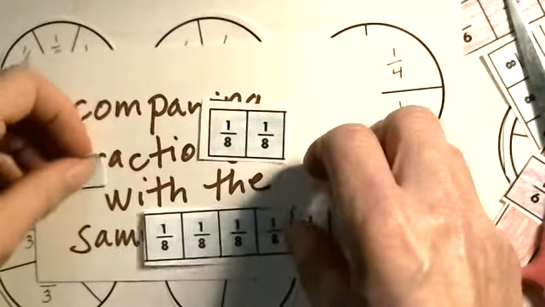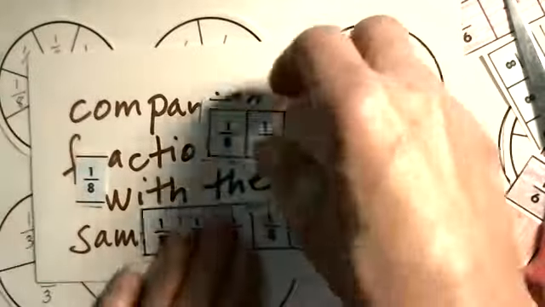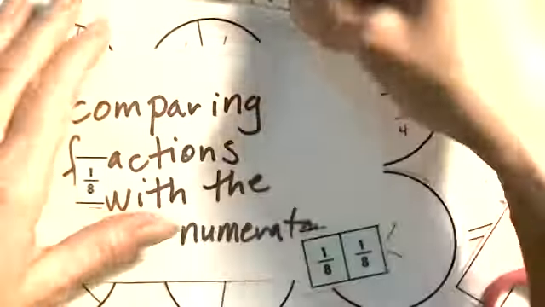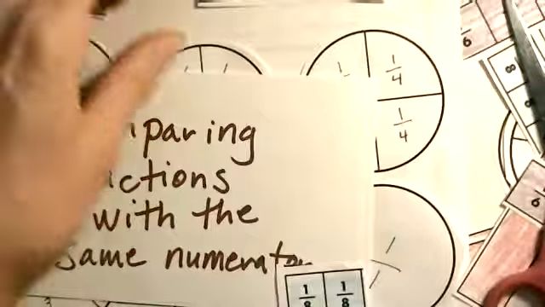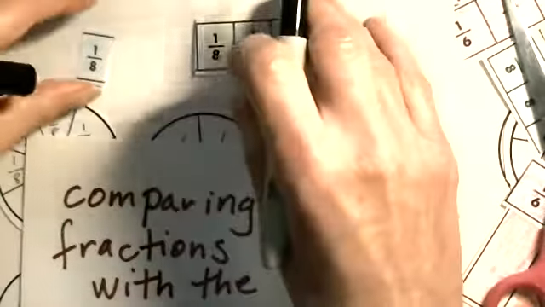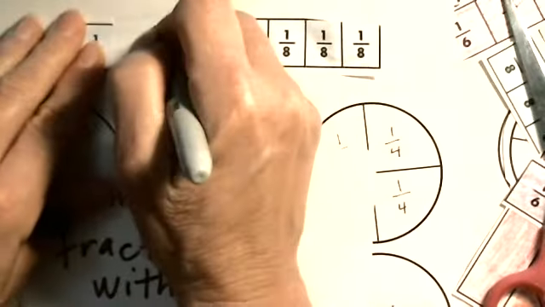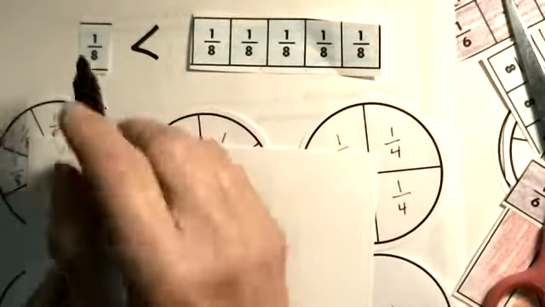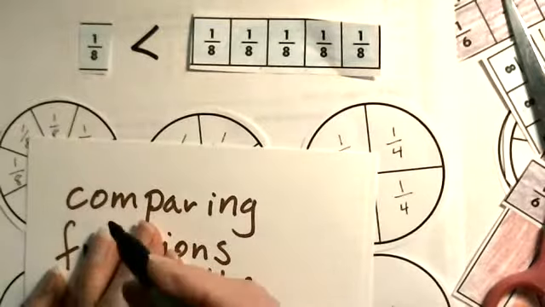Okay, so 1/8 is smaller than 5/8, and let's not forget that symbol that confuses people sometimes. If I was comparing these two, 1/8 is less than 5/8.